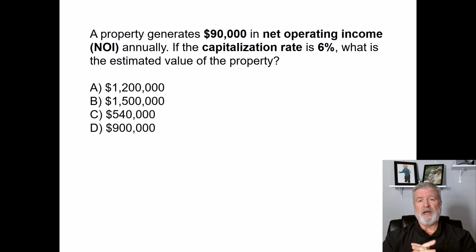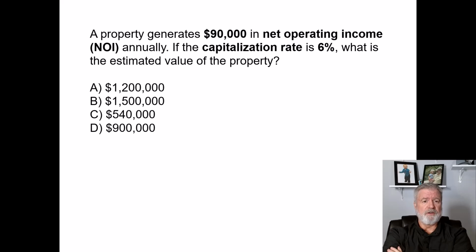And you need to pay attention to that in the question. Now, in this case, it says annual income, so we don't have to do anything with it. But if they give you a monthly income, multiply it by 12. If they say you got a quarterly income, then obviously you've got to multiply that by 4. But you've got to get your annual income before you can go any further.